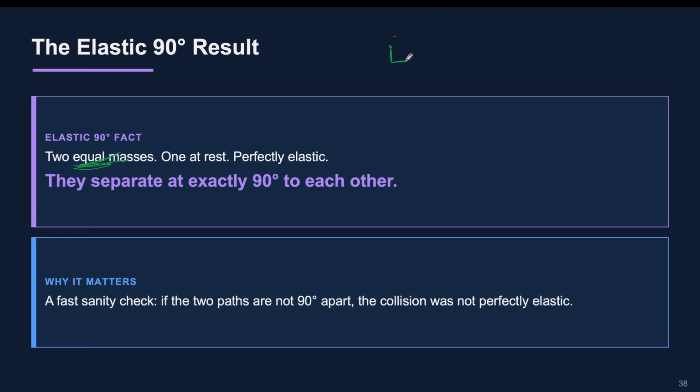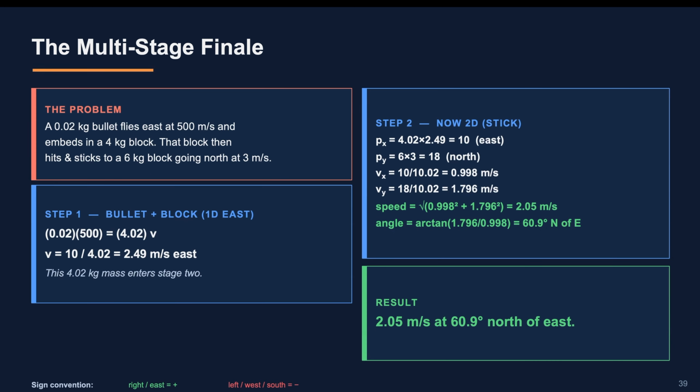So if a car was going here, this way, right? And then same car here, but instead of this car moving, it's staying stationary, then if this car is hitting here, what's going to happen? This car is going to move in this direction if it's perfectly elastic, all right? So you don't need to think about that a lot, okay? That's not too relevant, but just keep it in your mind.